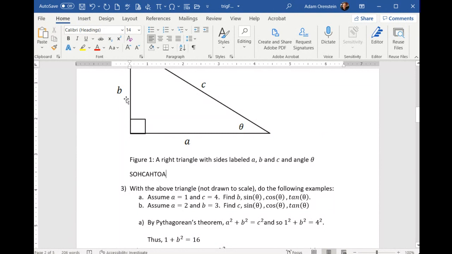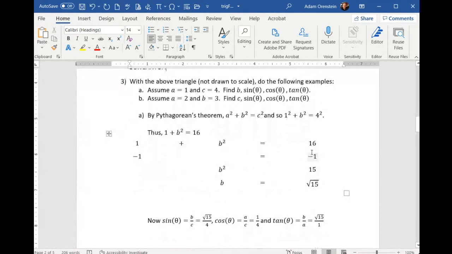The opposite side is B. The hypotenuse is C, so sine of theta is B divided by C. C is 4, that's given. So sine of theta is B over C, which is the square root of 15 over 4.